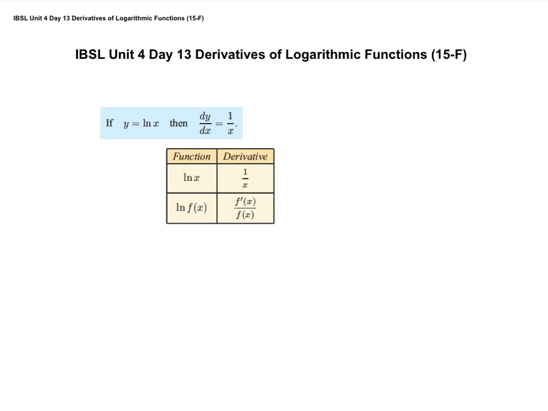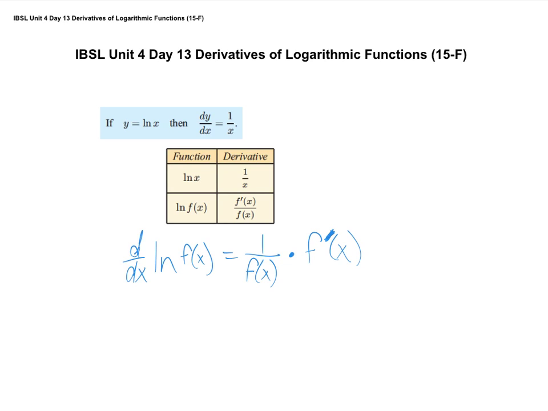The derivative of ln of something is 1 over that something. We just saw that. The outer function here is the logarithm, and the derivative is 1 over the argument. But then with the chain rule, you have to multiply by the derivative of the inner function. So here's where the f prime comes in.